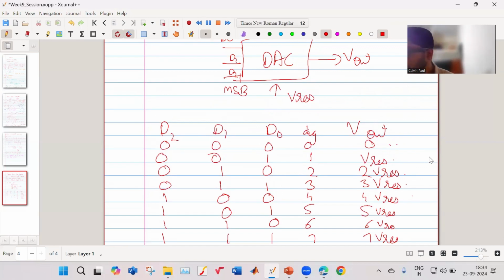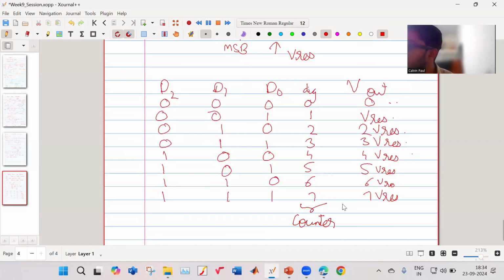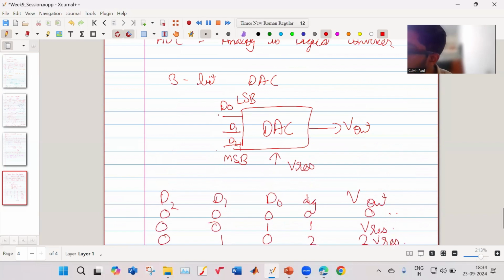Now, this D2, D1, D0 can come from my counter. This is a 3-bit counter and it has some clock, right?